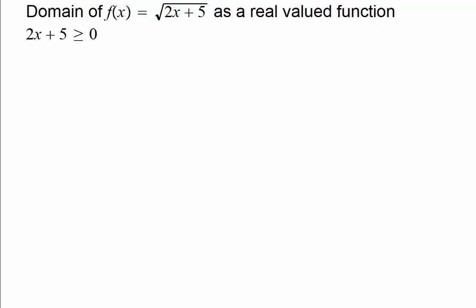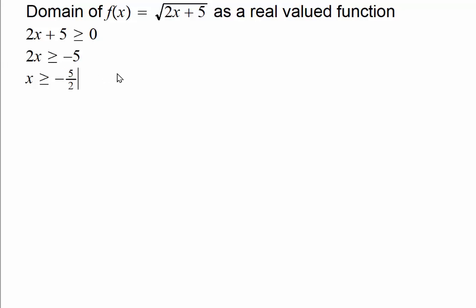So you have 2x greater than or equal to negative 5. Then you have x greater than or equal to negative 5 over 2, and since I'm dividing by a positive quantity, the inequality will stay as it is.